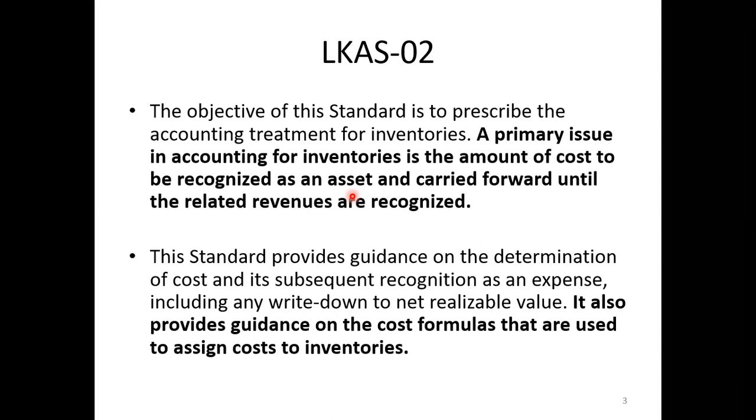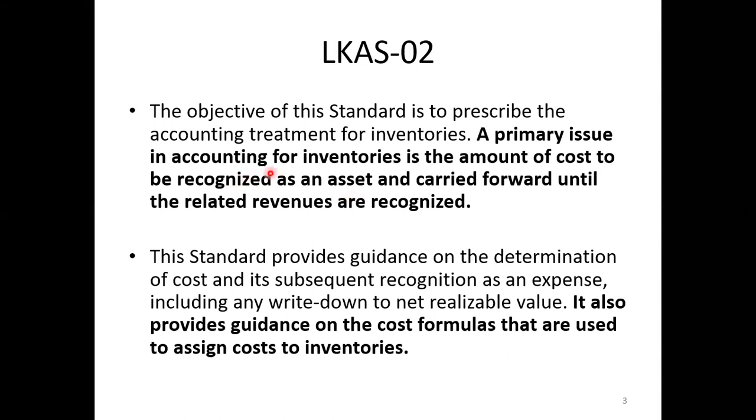To disclose that amount in the balance sheet or income statement, the presenter of financial statements should clearly understand how to measure the cost and the carrying amount. So closing inventory at the end of this period, say 31st March 2021, is carried forward to the next year, that is 1st April 2021.